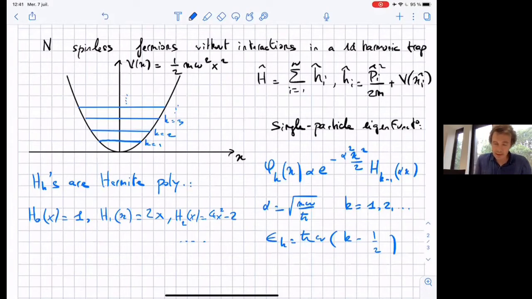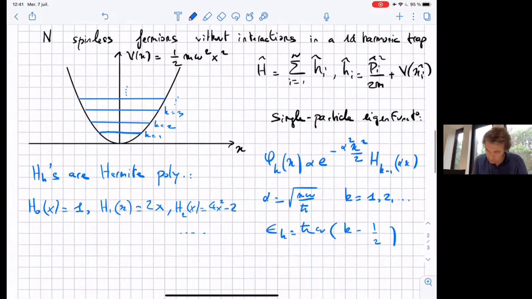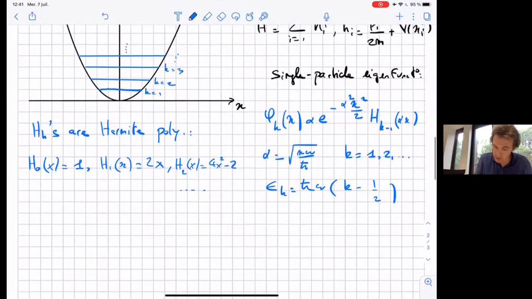So now let's look at what happens when I have N fermions. Okay. So I will first focus on the zero temperature case. So I will mainly be interested for now in the ground state. I just focus on the T equals 0 limit.